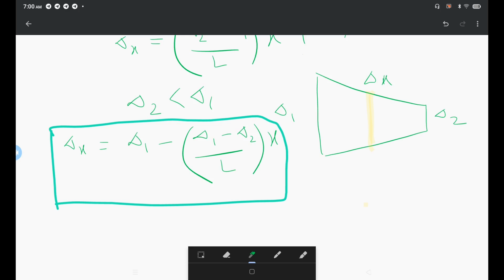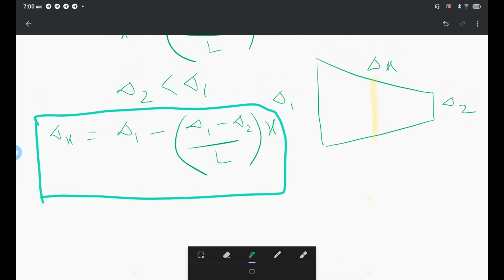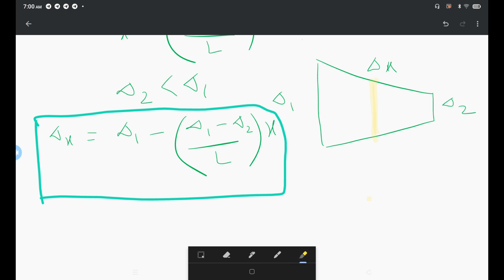If we have d1, d2, the distance of the elemental strip from the left end, and the whole length of the tapering rod, if all things are given, we can find dx, that is our diameter for the elemental strip.